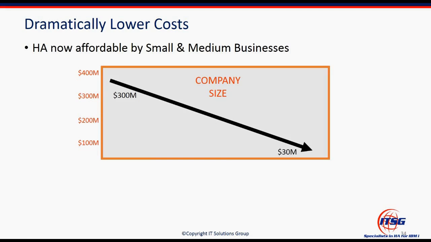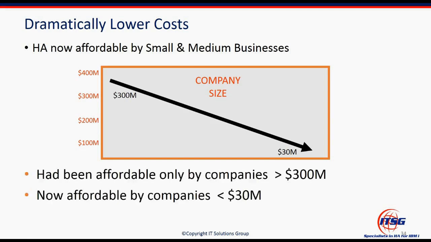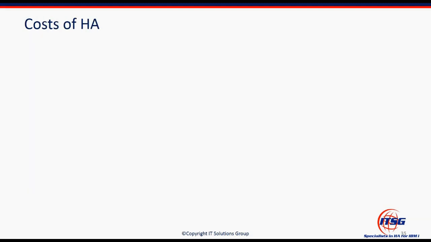Early on, back in the 2000 era when we started doing implementations, the benchmark or line in the sand was about a $300 million company or greater should be implementing HA. We're now seeing companies at $30 million and lower implementing HA because of its affordability. So again, affordability has become fantastic in the IBM HA world.